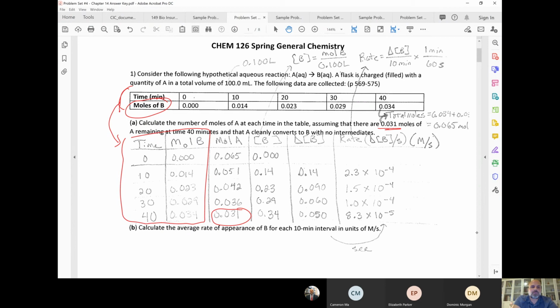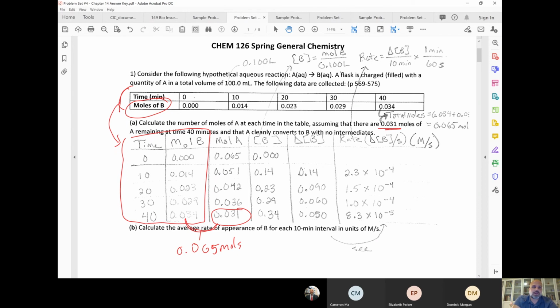So that tells you that when you add A and B, the total must always equal 0.065. Because the total number of moles in the system has to equal 0.065 all the way across the board.